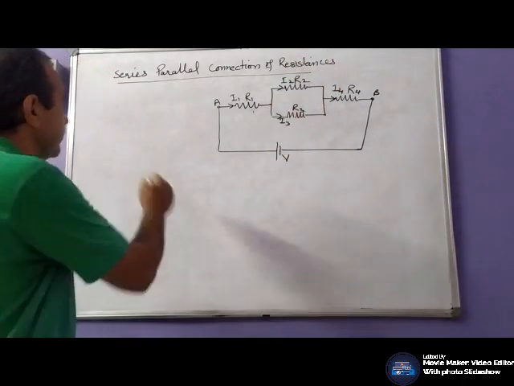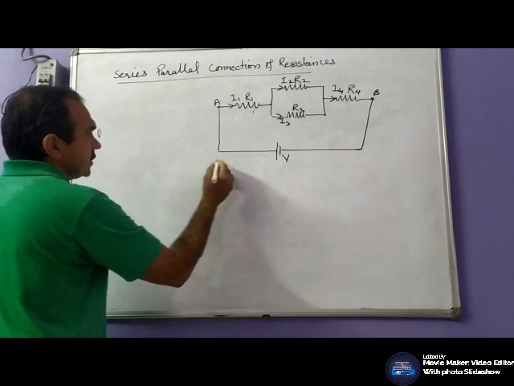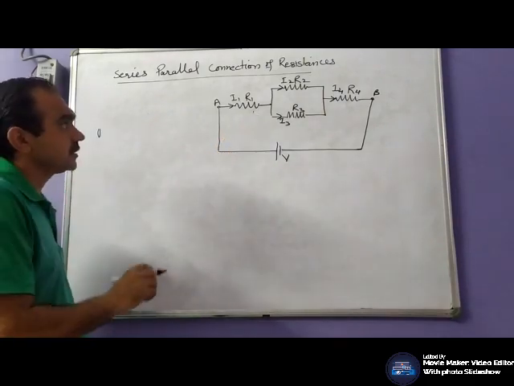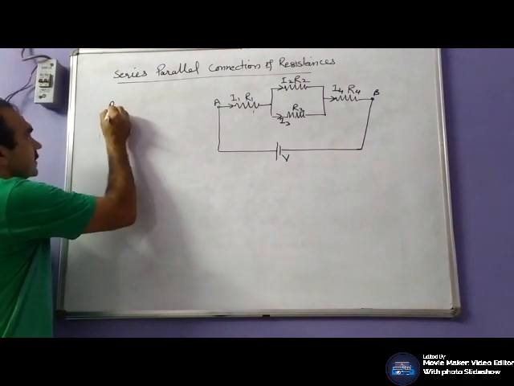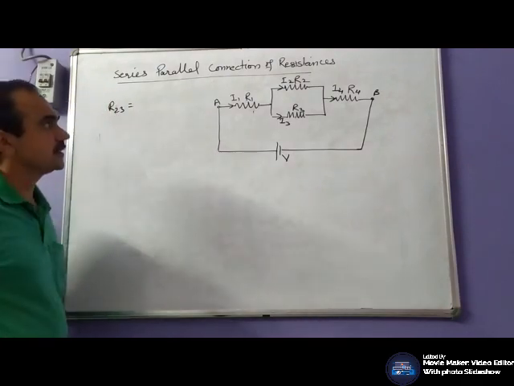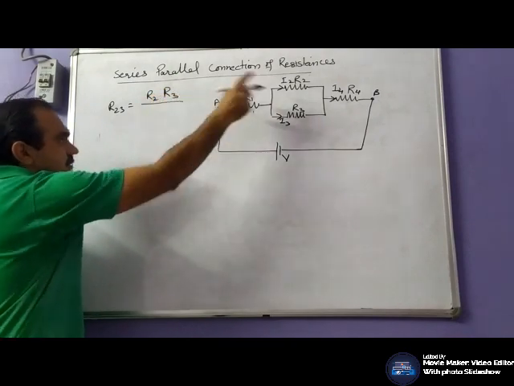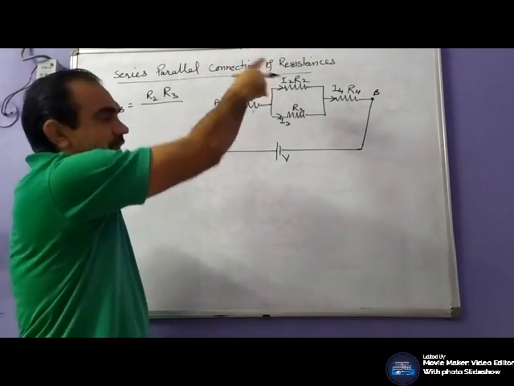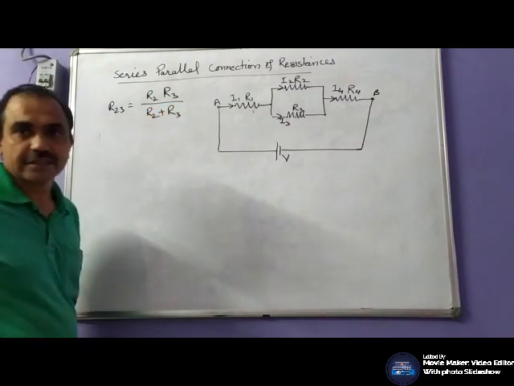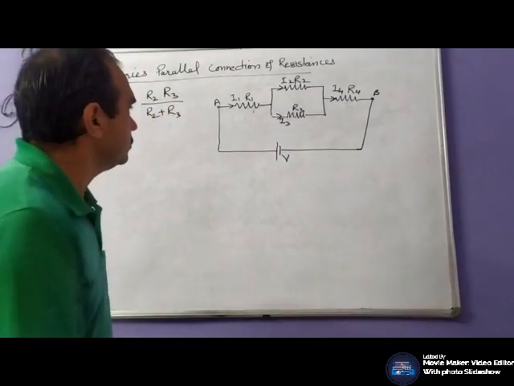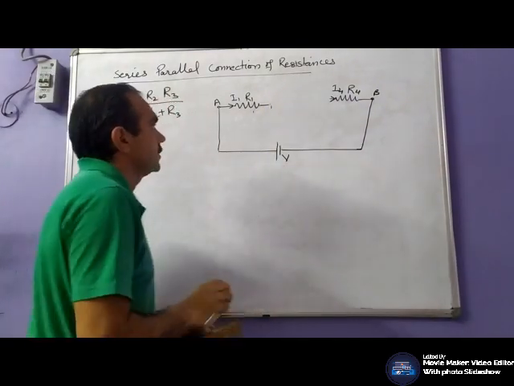If we talk about R equivalent, how can we simplify it? What will be R23? R2 into R3 divided by R2 plus R3, since the two resistances are connected in parallel. So your circuit would be reduced like this.